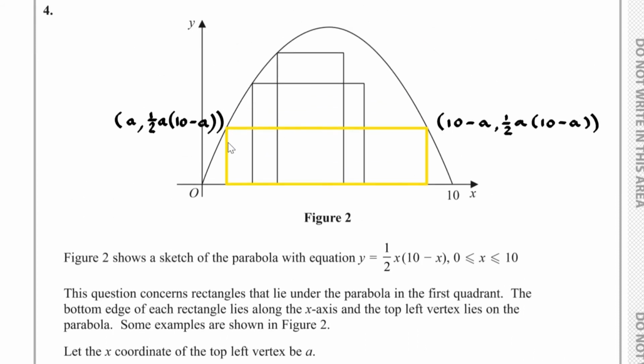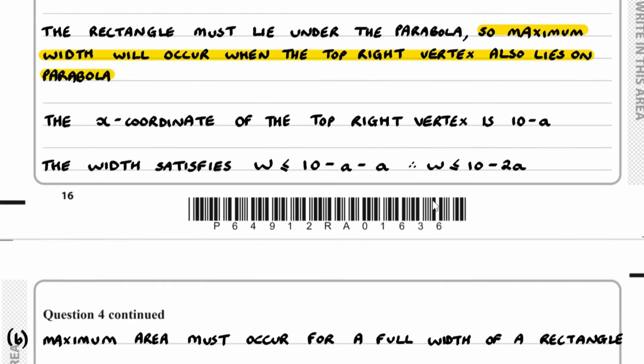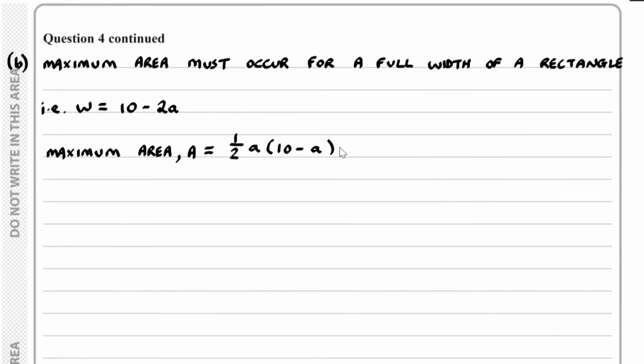So that is this height over here, and we times it by the width, and the width we know is 10 minus 2a. So if we work out what the maximum area is, we've got 1/2 a multiplied by 100 subtract 30a plus 2a squared.